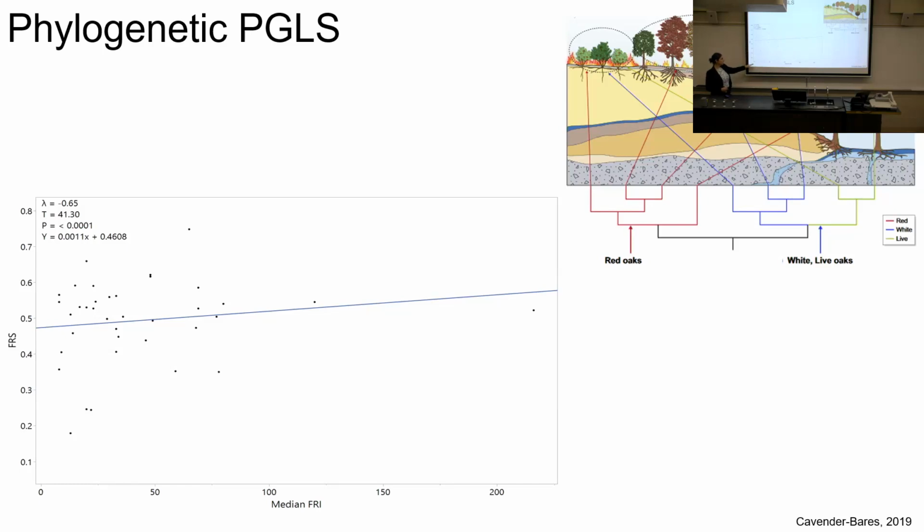Contrary to the previous findings with the community-weighted scores of fire resistance, as the median fire return interval on X increases, we see a slight increase in the slope of our fire resistance scores. We see a significant pattern of increase as that fire return interval gets longer, which is not what we would expect, especially looking at something like this species.